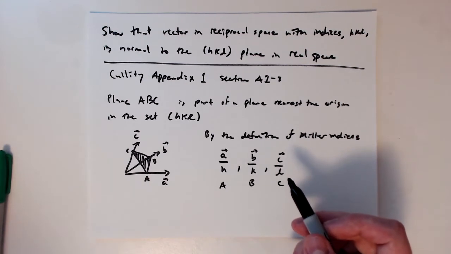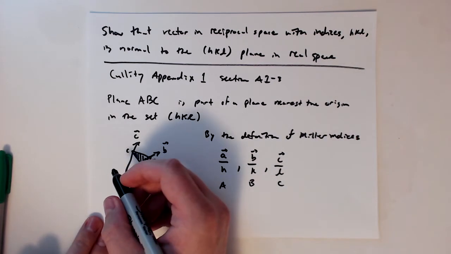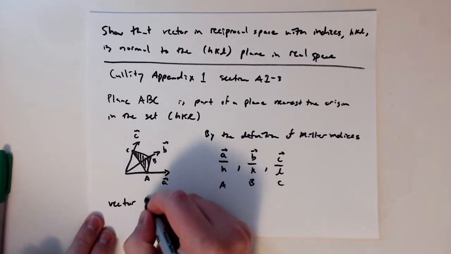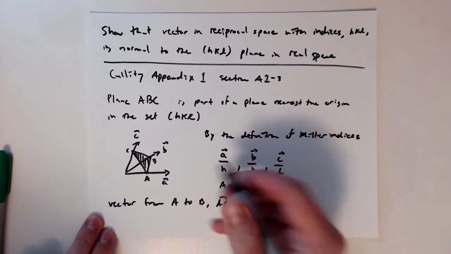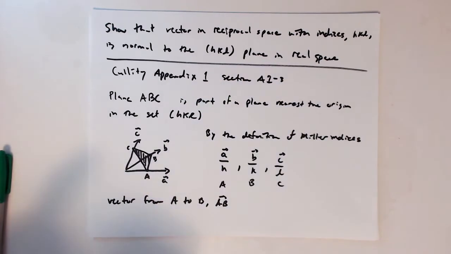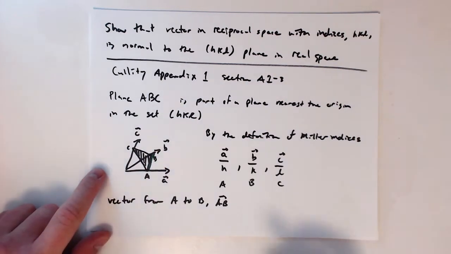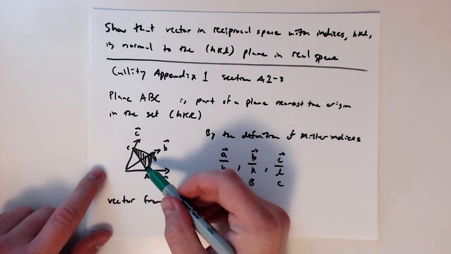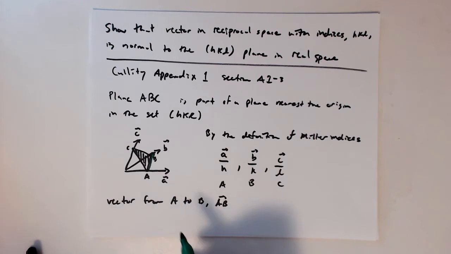So now let's consider a vector AB, the vector from A to B. Let me change colors here so you can see it better. That vector from A to B is the green color there.